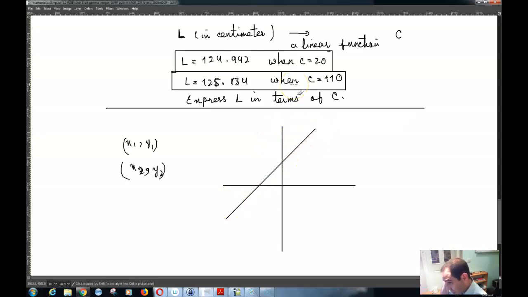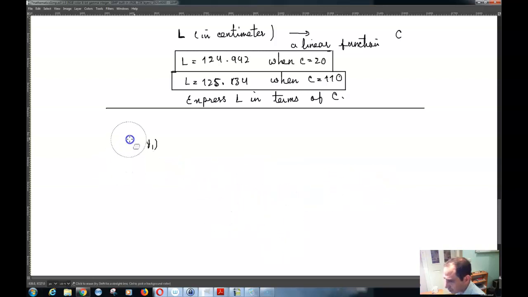So now, in order to find that linear relationship, in other words, to express L in terms of C, you can think of these points as, for example, 20, 124.942, and another point, 110, 125.134.